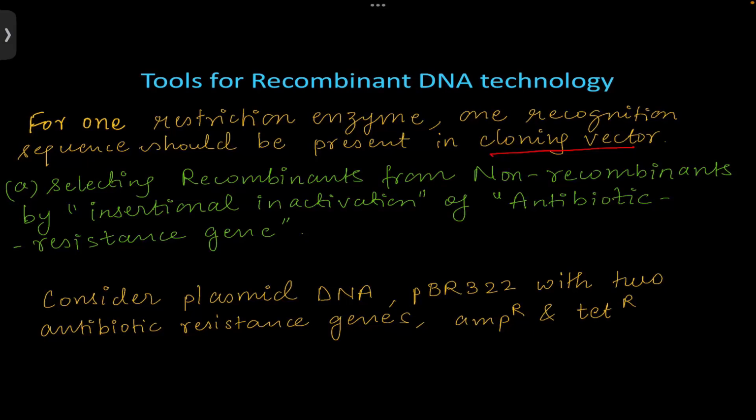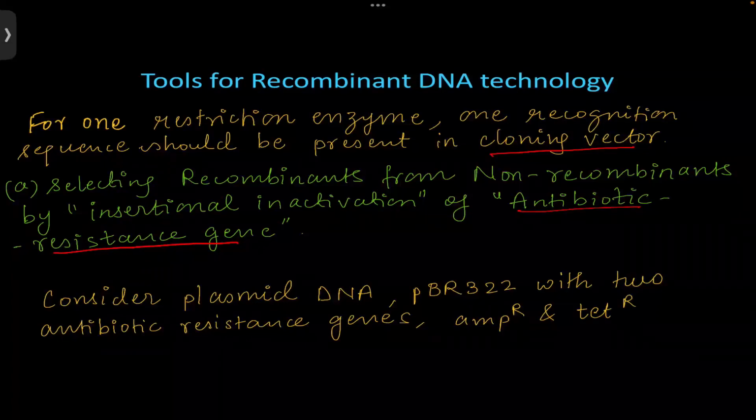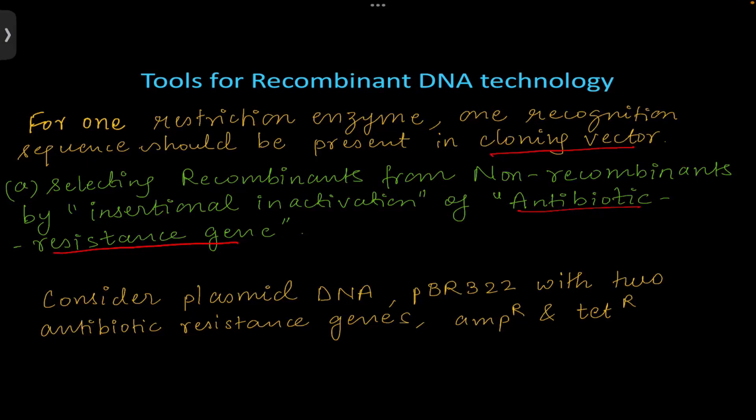Now, first, we will understand how the selectable markers of antibiotic resistance genes are helpful in selecting the recombinant cells from non-recombinants. By recombinant cells, I mean the cells containing your recombinant DNA. So how are recombinants different from transformants?